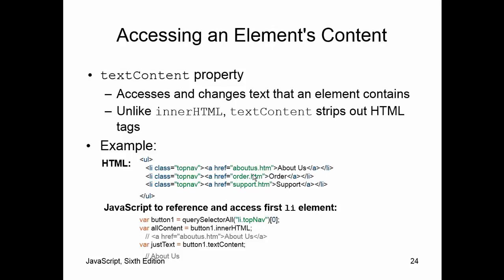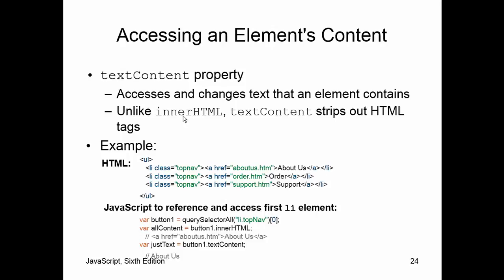Now, a key thing is when you look at that second sub-bullet there, it says, unlike innerHTML, which has been used for years, textContent strips out HTML tags. The reason that that's important is for security reasons.